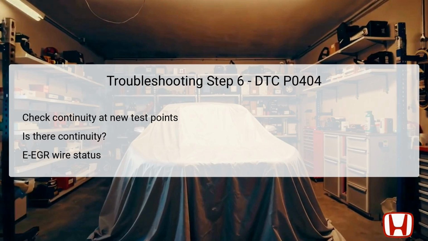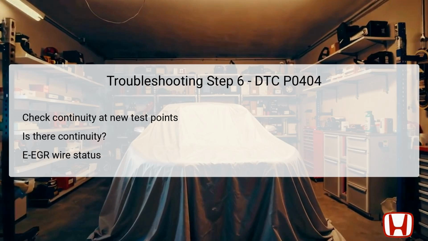Conversely, if continuity is absent, this diagnosis indicates an open circuit within the EGR wire, necessitating repairs to restore functionality between the PCM and EGR valve. This step ensures that all wiring issues are effectively addressed prior to focusing on the component level, streamlining the overall repair process.